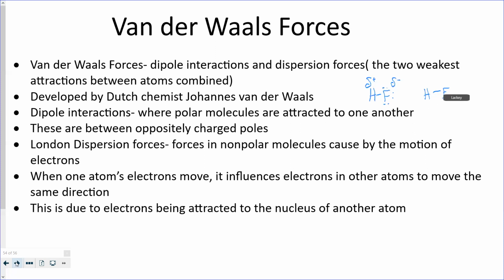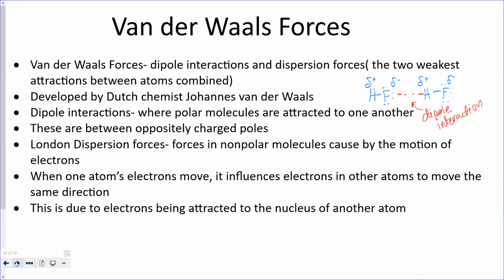How it interacts with the hydrogen fluoride next to it is that positive and negative end are going to be attracted to one another. So that dotted line is our dipole interaction, just where those 2 oppositely charged poles are attracted to one another.